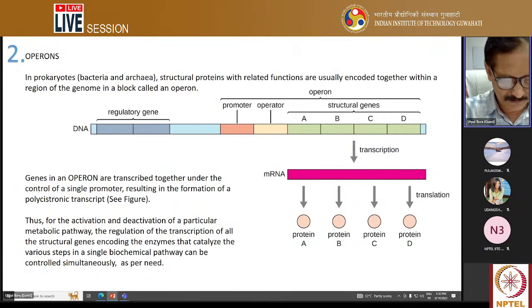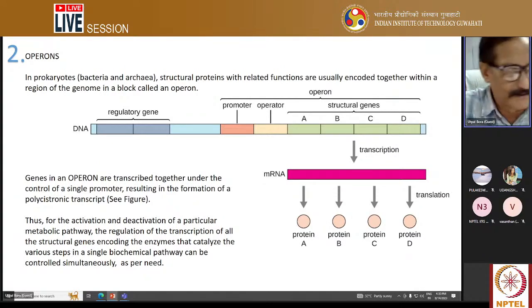It is known to many of you already that an operon is a functional unit of genetic regulation, which is found in lower organisms like bacteria and archaea. In such organisms, structural proteins with related functions are usually encoded together within a region of the genome in a block called an operon.